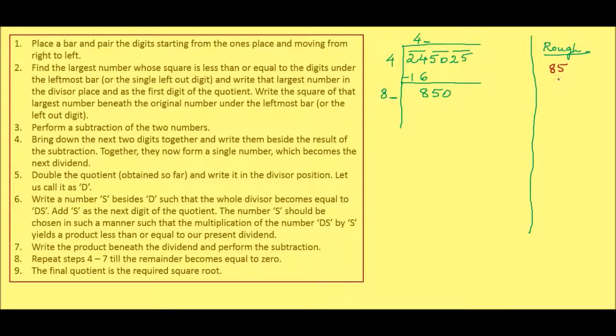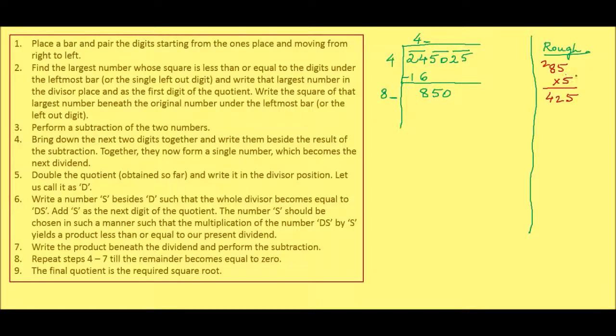So we have to multiply with S, therefore 85 multiplied with 5, because the number DS, that is 8 and 5, is multiplied by S, that is 5. So 85 times 5 is equal to 5 times 5 is 25. And 8 times 5 is 40 plus 2 is 42. So we can try a number which is more than 5.